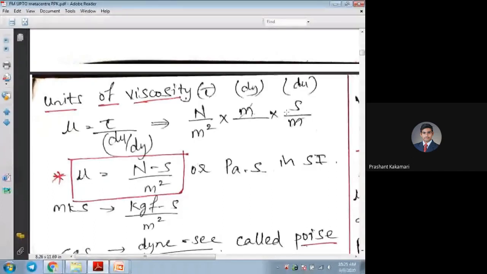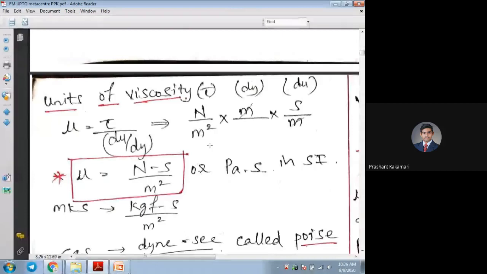It is written reverse because of the reciprocal, seconds per meter. So we can cancel meter and meter here, and it will become Newton second per meter square.